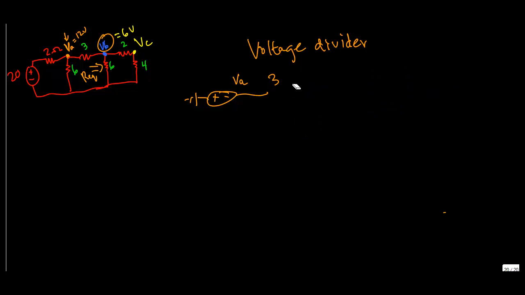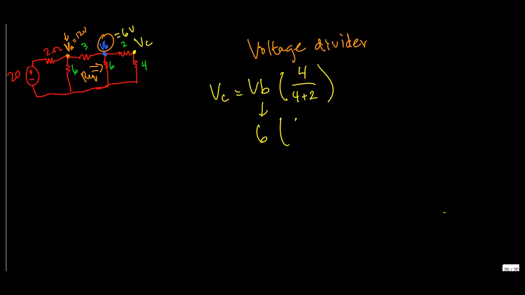If we were to redraw the circuit, VC is equal to VB times R equivalent, which in this case is 4 ohms, the only thing that's left. That would be 4 ohms over 4 ohms plus 2 ohms, which is 6 ohms. So if we plug in VB, which is 6, we get 6 times 4 over 6. The 6's cancel, which means VC is equal to 4 volts.